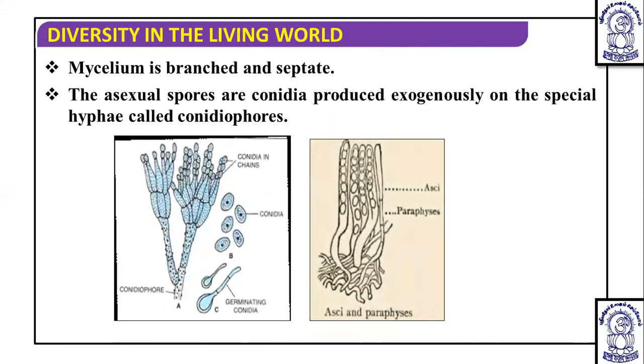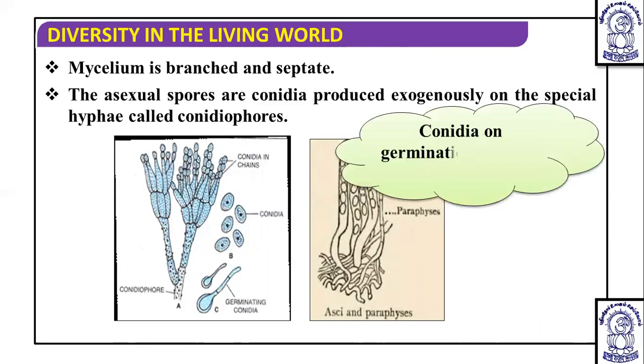This is the particular arrangement of Penicillium, and here you can see the asci are given. What are asci? We will discuss this in detail in the next slides. Conidia on germination produce mycelium, means conidia are the asexual spores, so obviously they are haploid, produced by mitosis, so they will germinate and form a new mycelium of these ascomycetes.